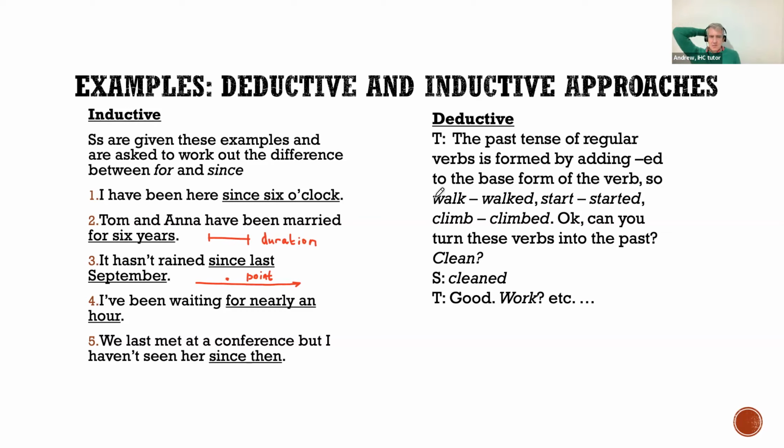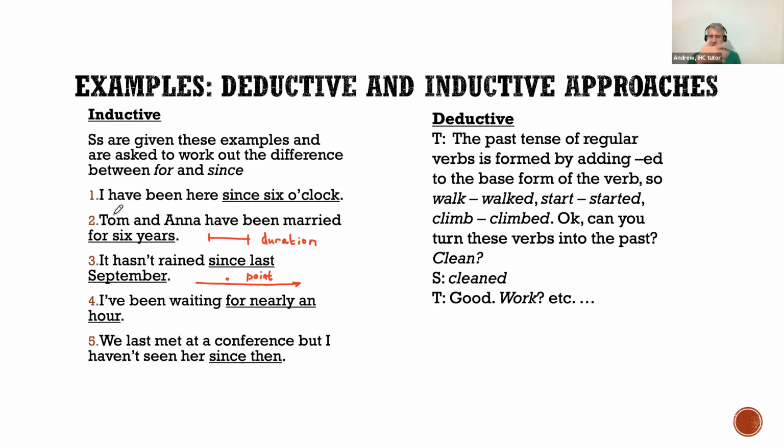So, what's the difference then between these two approaches? You notice here, where does the rule come in? Is it the beginning or the end? And in the inductive, where do we find out what the rule is?